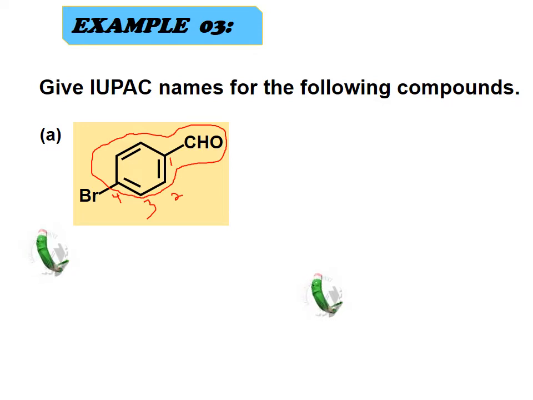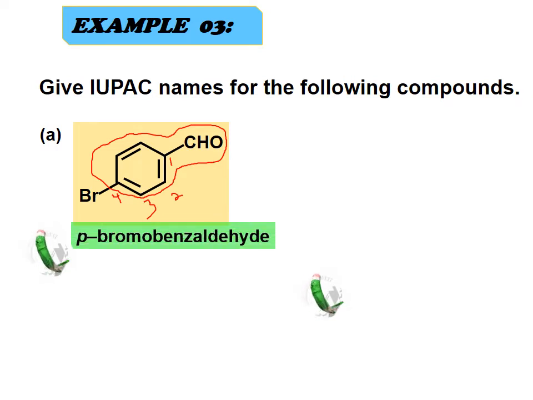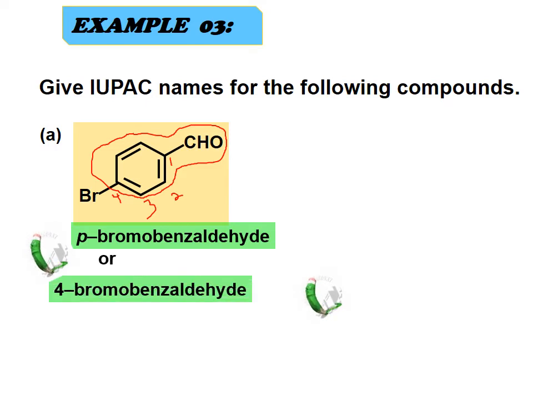So this one will be carbon 4. Here we have the parent, the common name for the aldehyde attached to the benzene ring, called benzaldehyde. So it will be 4-bromobenzaldehyde or p-bromobenzaldehyde.